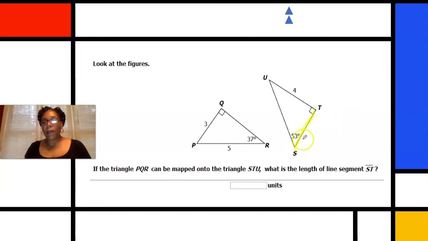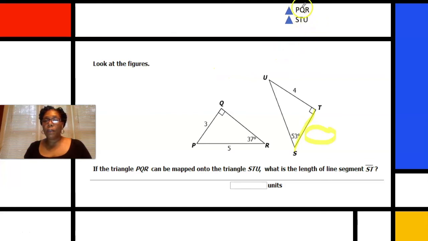So right now I don't have a unit. So I'm looking for whatever this unit is going to be here. I don't have anything there yet. So how can I determine it? I can trace it and turn it, or I can place it in the position that it was originally found. Triangle PQR, based directly on the statement, is mapped to triangle STU.